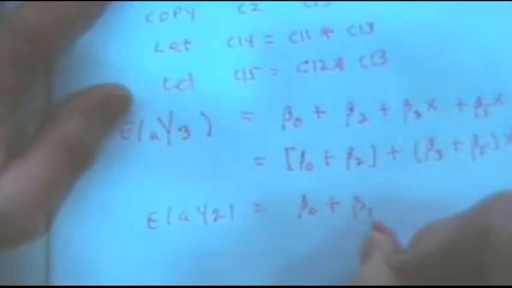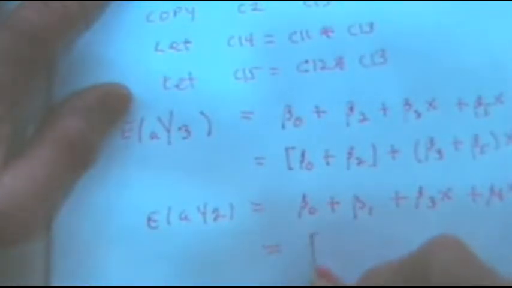Likewise, how about a y2? That'll be treatment 2. You'll have an intercept. Intercept's always in. The intercept will be in. Beta 1 will be in. Beta 3 will be in. And beta 4.